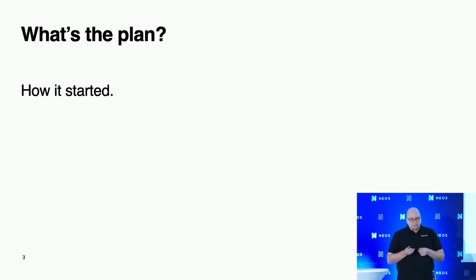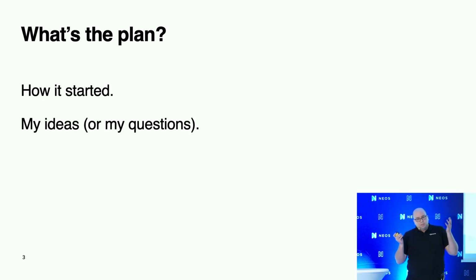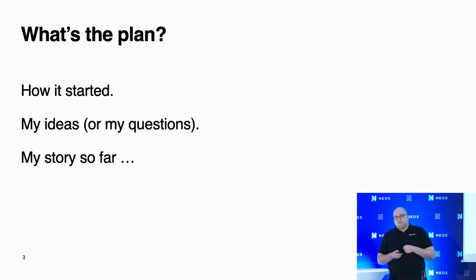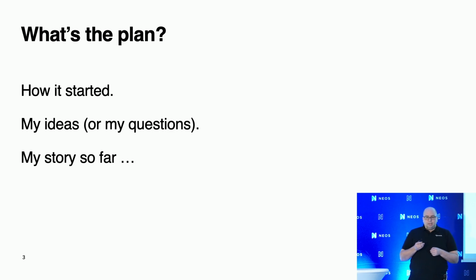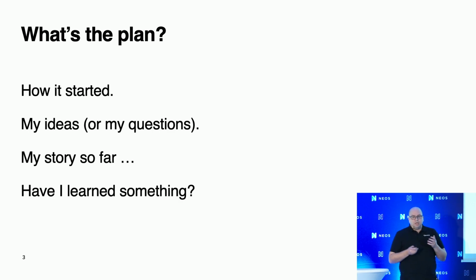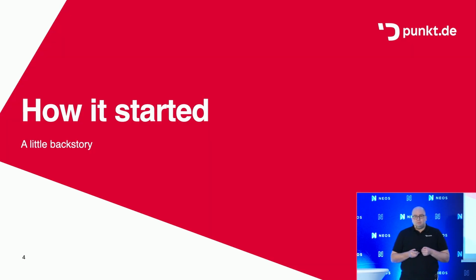Then I would like to present my story so far, what I achieved in the last year. And in the last section, I would like to try to answer the question: have I learned something new? Did I have fun? So let's get started with a little bit of a backstory.